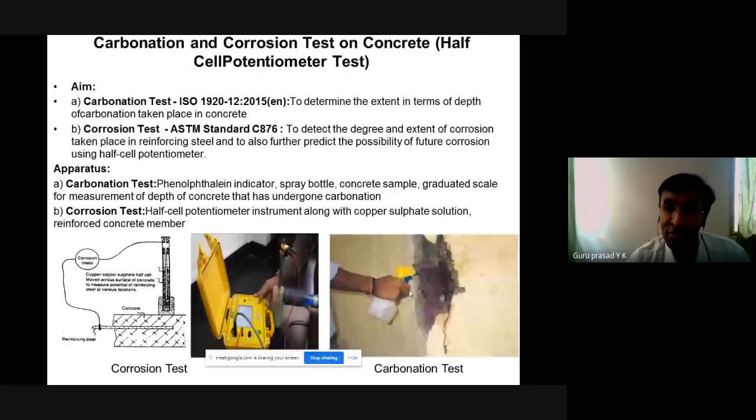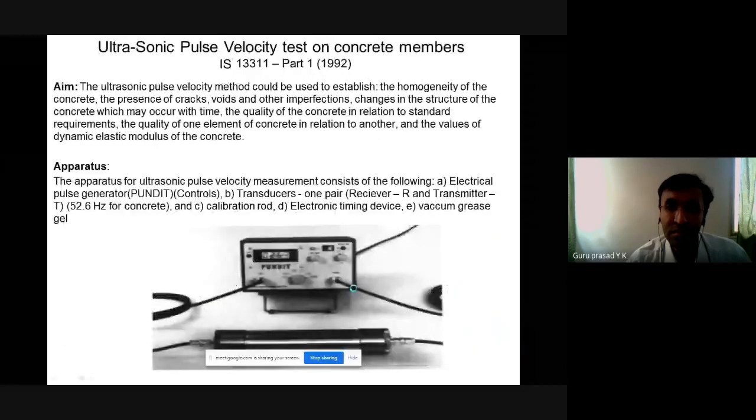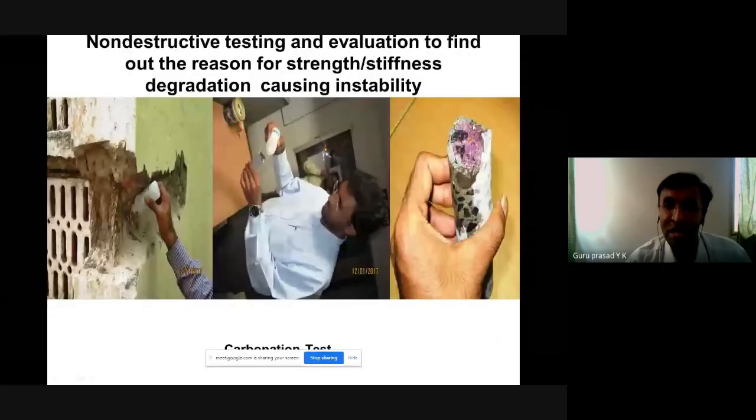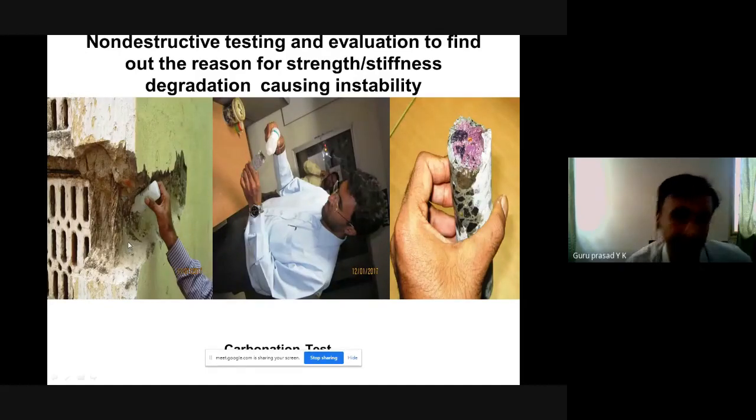Here is a case where we have chipped off the mortar as well as some portion of the concrete and poured phenolphthalein. If the concrete does not turn pink, I repeat, if the concrete does not turn pink, it means it has got carbonated.